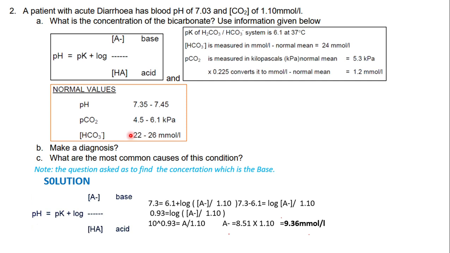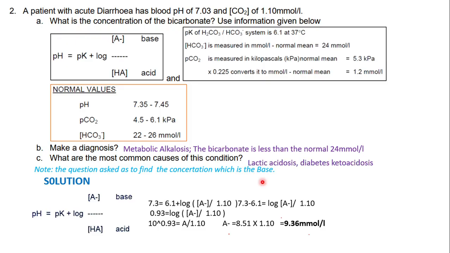So if it's less than, what are we calling? Less than this. So the answer was metabolic acidosis. The bicarbonate is less than normal, which is 22 here. So it's less than, that's why I say metabolic acidosis. I'll explain this more.